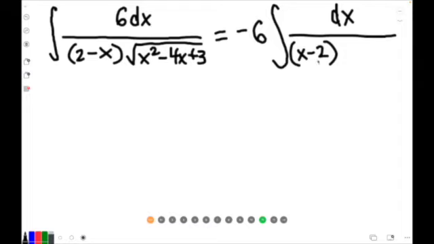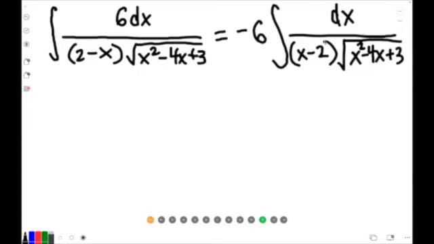Since we are trying to make this one our u, and we want u squared inside of this, so we have x squared minus 4x, and we have plus 3.